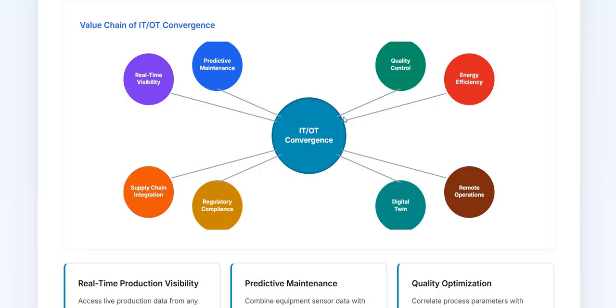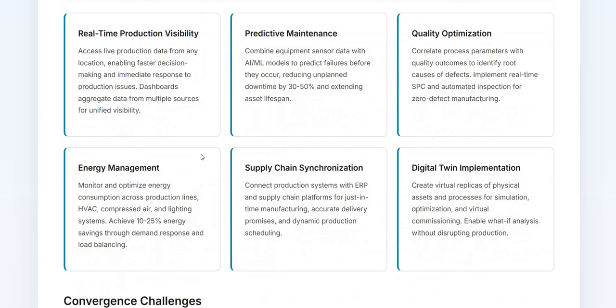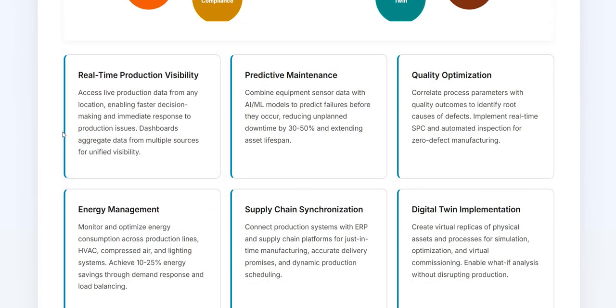Quality control comes from linking parameters to outcomes. Energy control comes from monitoring consumption. Supply chain alignment comes from connecting schedules to production, and digital twins come from mirroring behavior in software. And again, some cards. Look at that.